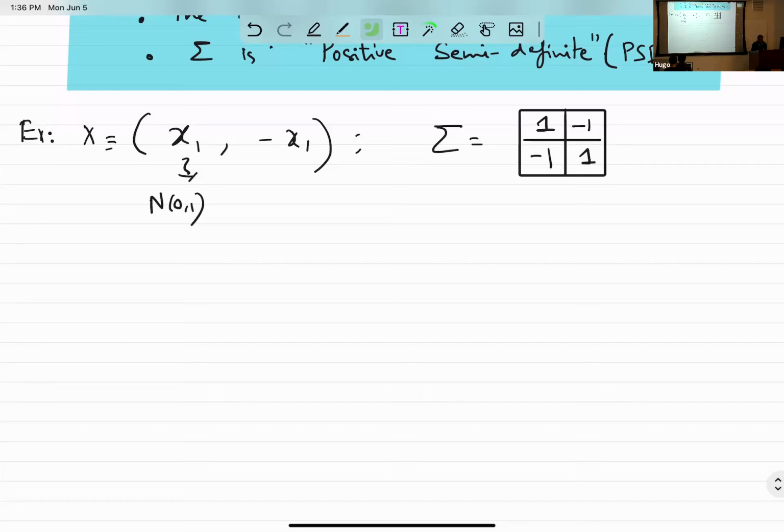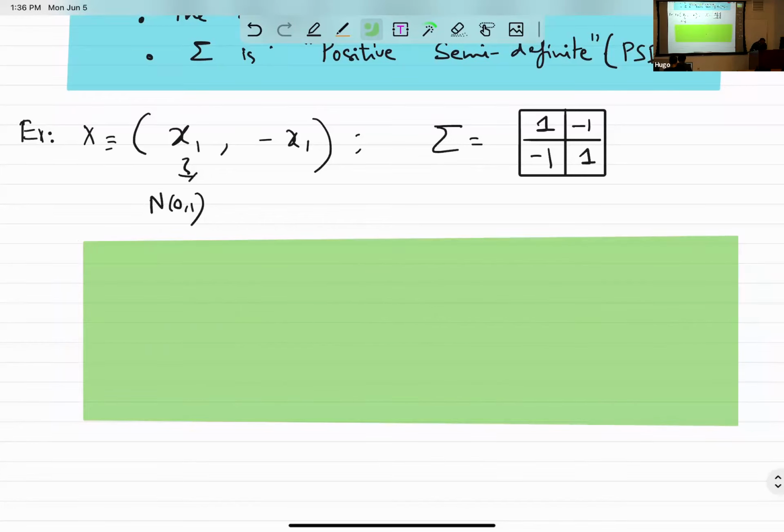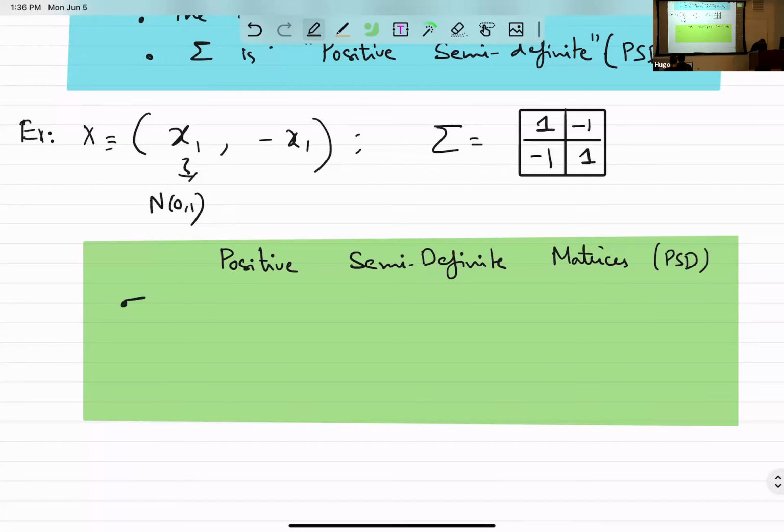Exactly, it does, right? So it's not trivial though, to show it. Okay, so let me state it. There are various definitions of being PSD, or positive semi-definite. Sigma is PSD.